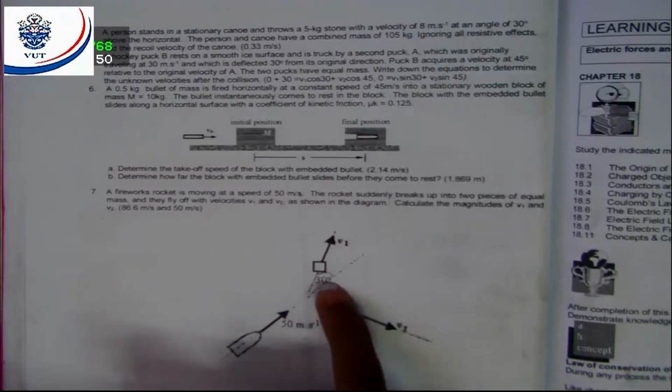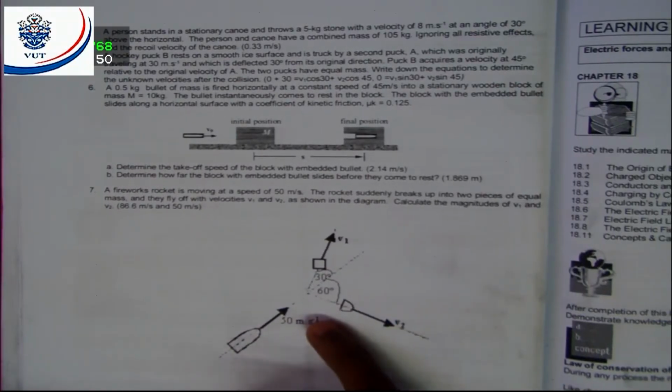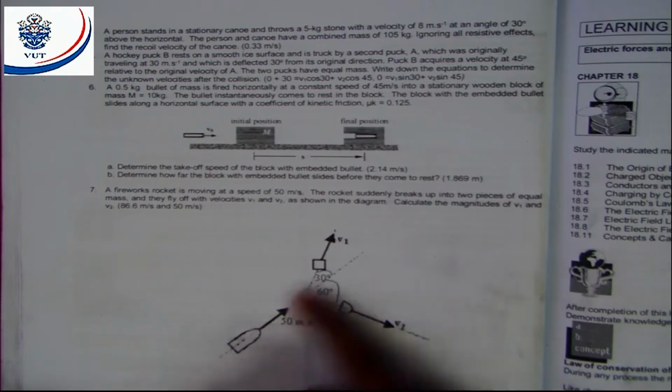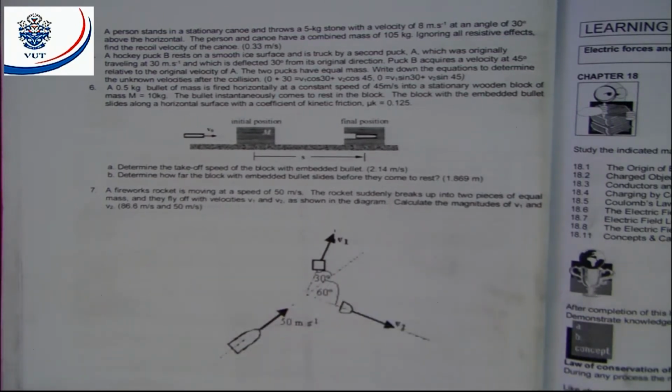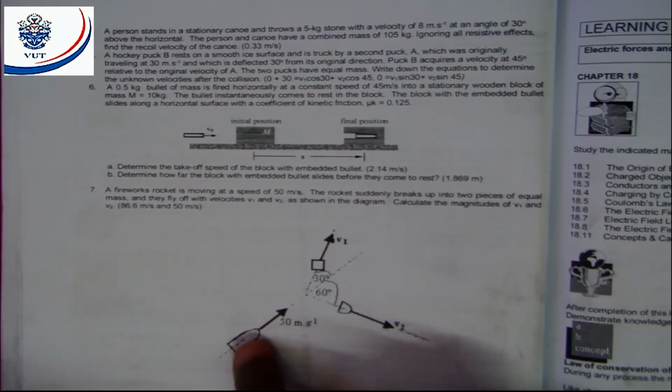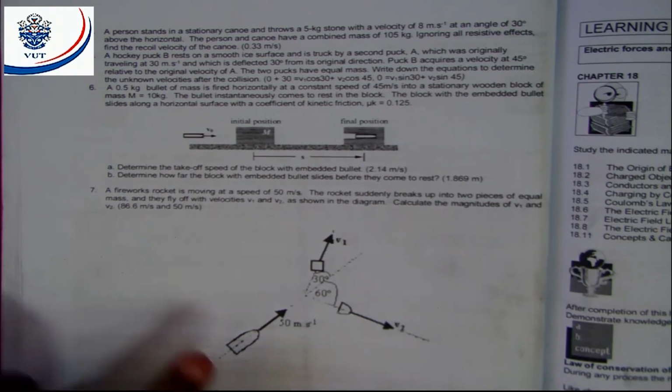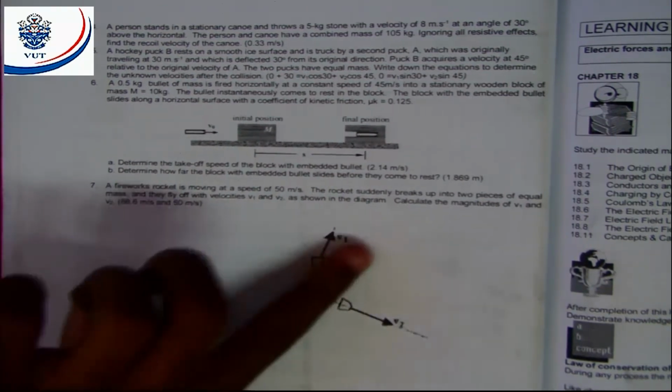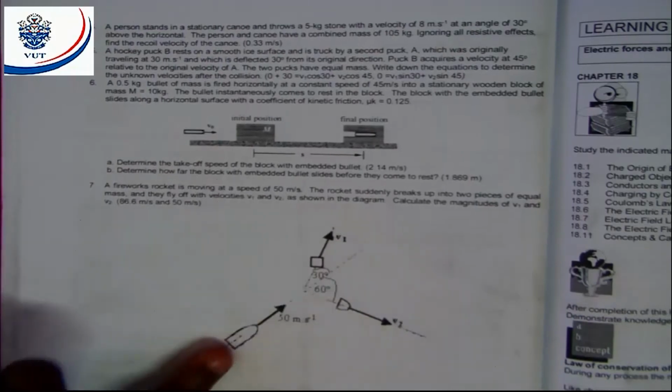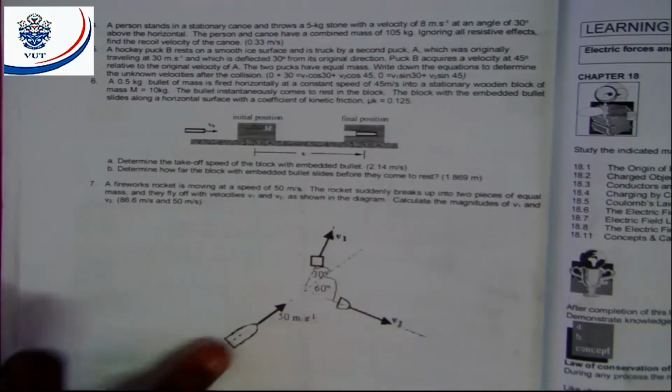Question 5 and question 7 are the same problem, so I would advise you to do problem number 7 on your own, and the hint that I would give is call this direction your x direction. So the direction of motion initially for the rocket is x.